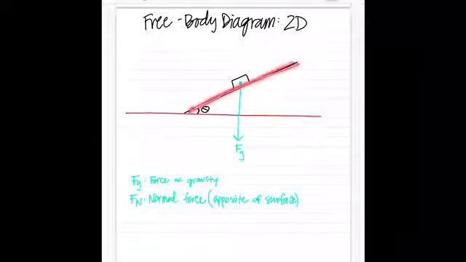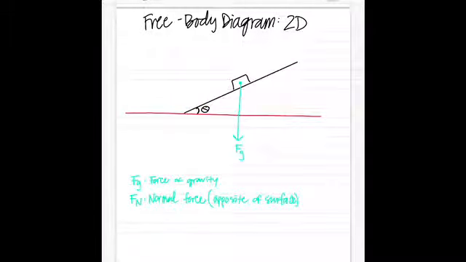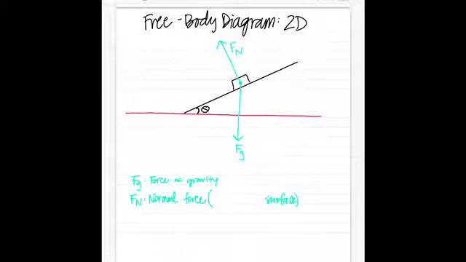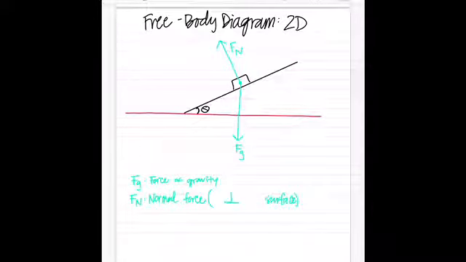My surface is this, and here's my box sitting on the surface right there. So it's going to come off like this, and that's going to be Fn. It's perpendicular to the surface. A better way to put that: perpendicular to the surface.